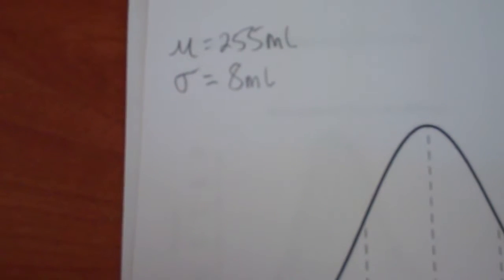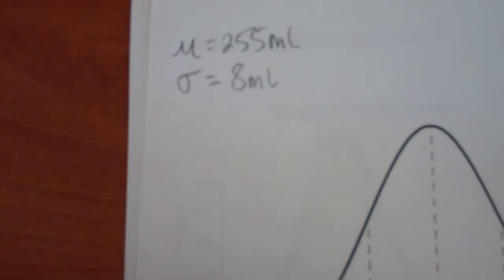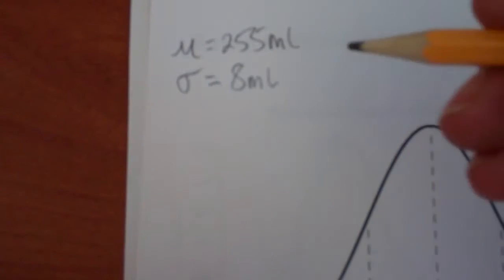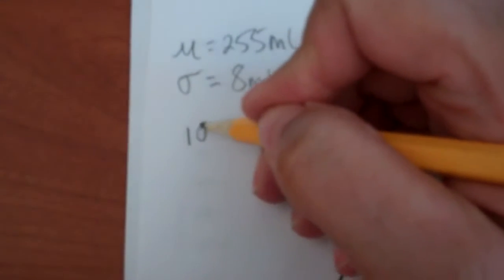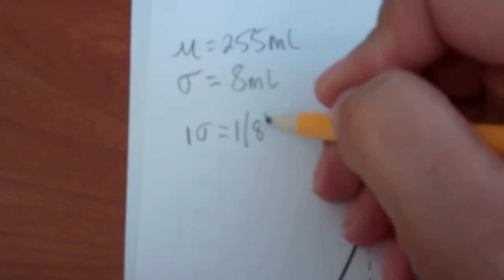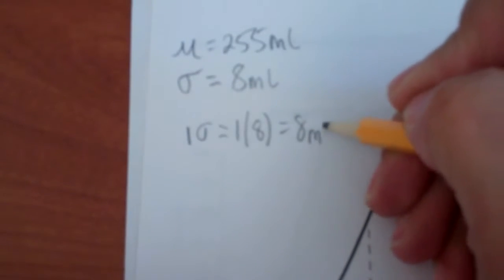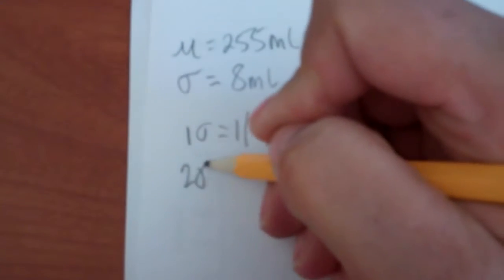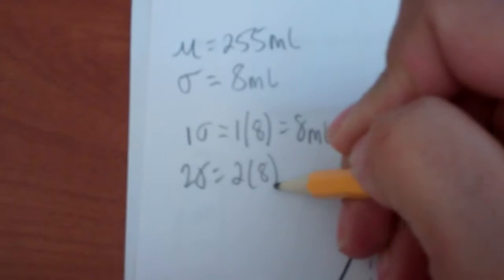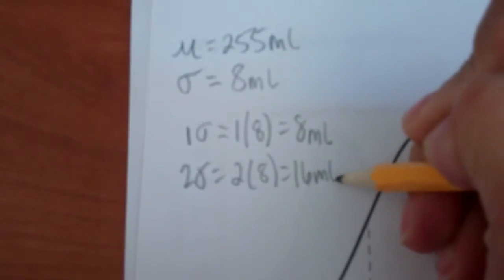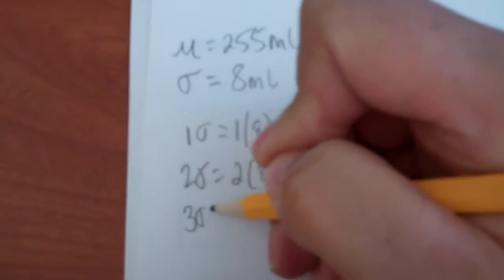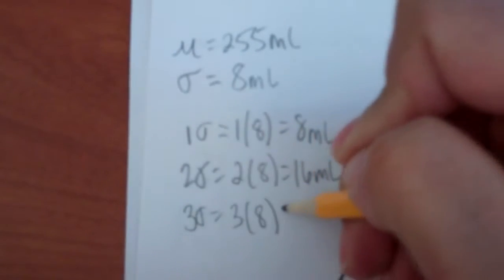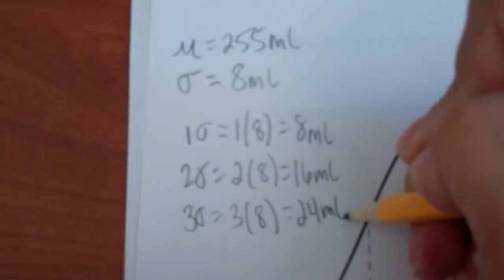So knowing what the mean and standard deviation are, let's find what 1, 2, and 3 standard deviations are. So 1 standard deviation is really 1 times 8, which is 8 milliliters. 2 standard deviations are 2 times 8, which is 16 milliliters. And 3 standard deviations is 3 times 8, which is 24 milliliters.